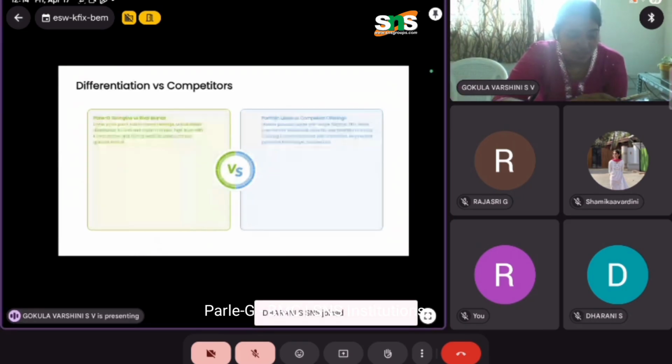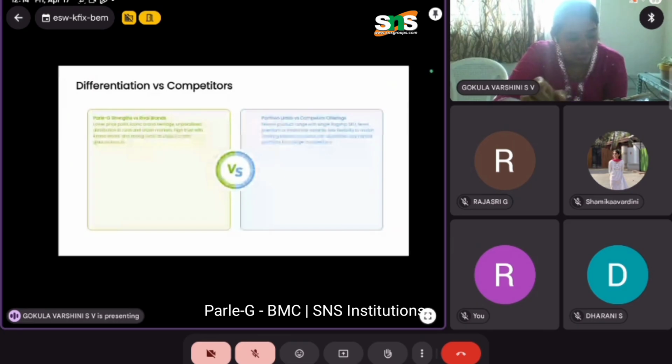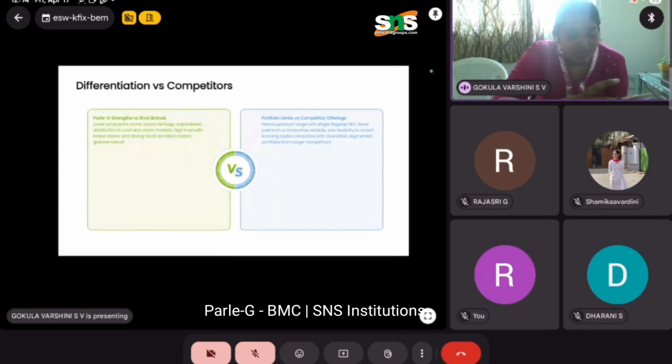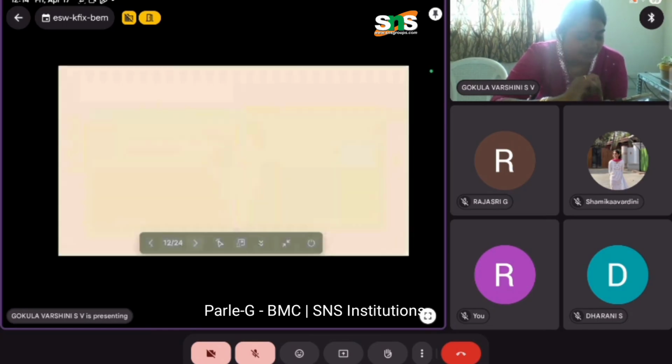Versus competitor offerings: a narrow product range with a single flagship SKU, favors innovative premium variants, less flexibility to match evolving taste, compared with the diversified segmented portfolio from larger competitors.